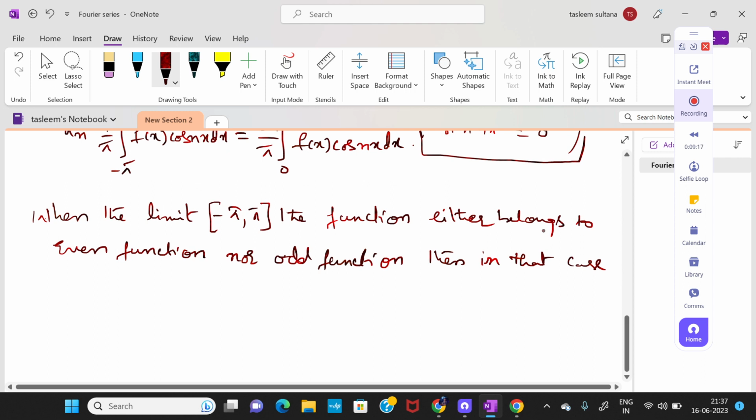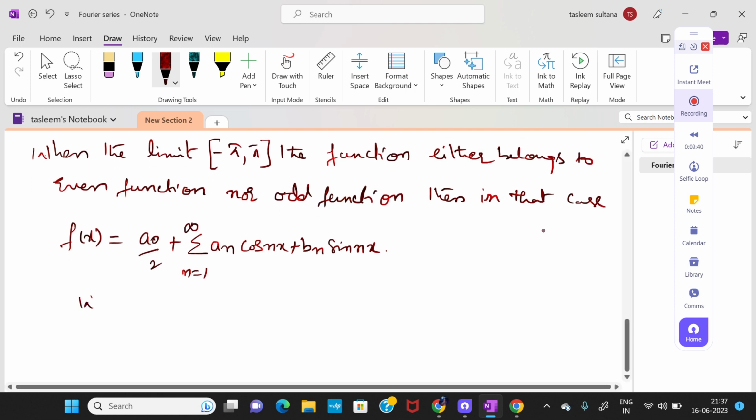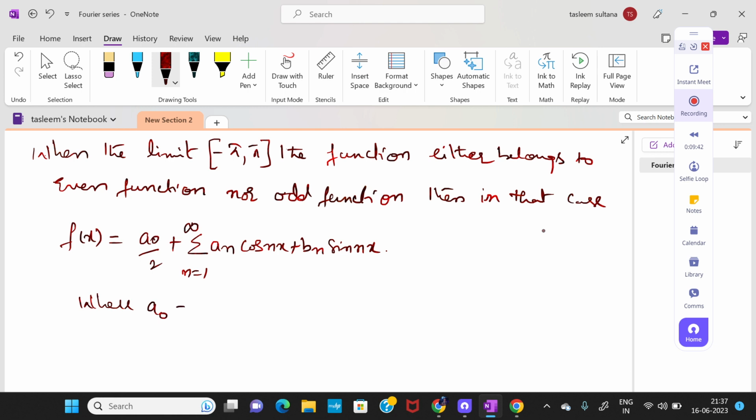Then the complete Fourier series you have to find, where the complete Fourier series is f of x is equals to a naught by 2 plus summation n is equals to 1 to infinity an into cos nx plus bn sin nx, where a naught is equals to 1 by pi integrating minus pi to pi f of x into dx.